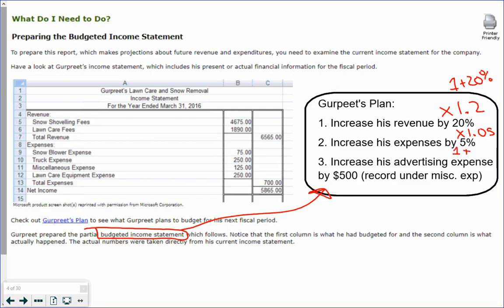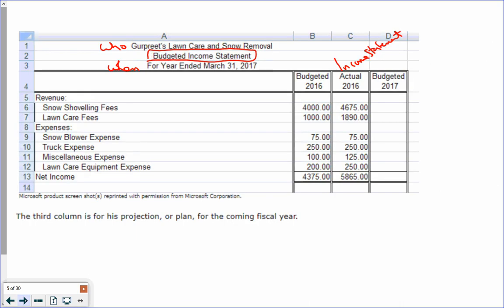Here, 1 plus 5%. So 20% is 0.2, 5% is 0.05. Okay, and then this, we just have to add $500. Okay, so this is why we need to use calculators today.